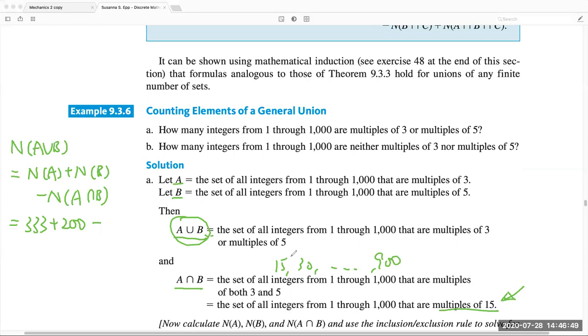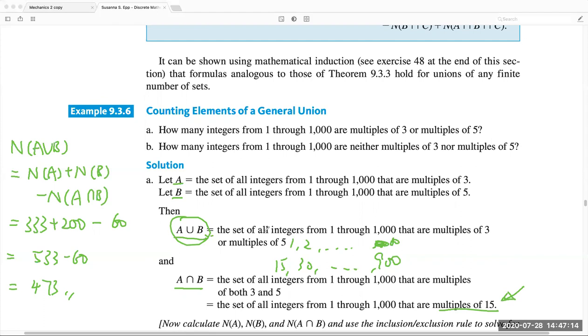If you divide every number by 15, then you get 1, 2, up to 60. So the number is 60. So that's your final answer, that is 473. So there are 473 integers which are multiples of 3 or multiples of 5.